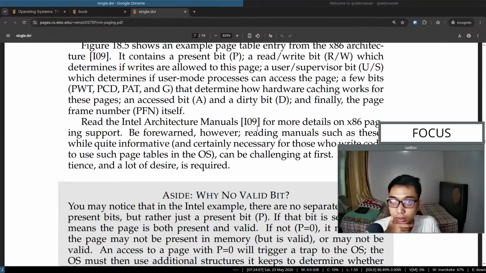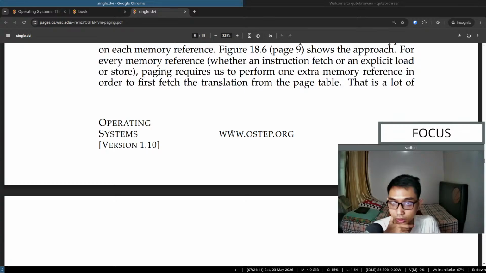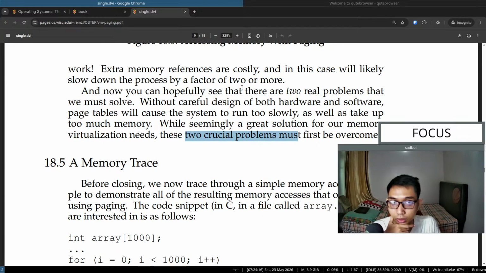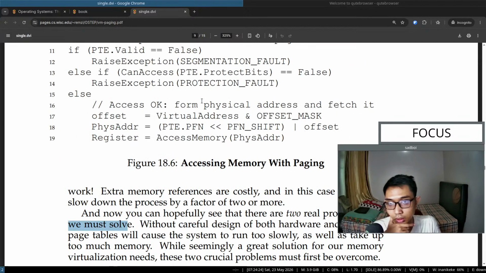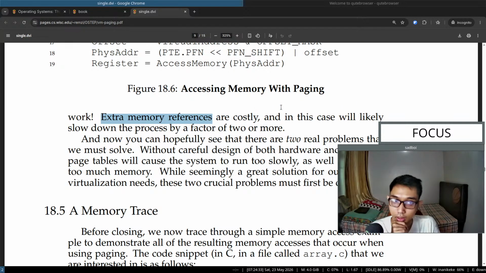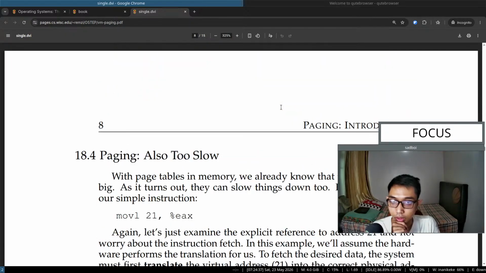Wait, did I miss something? What is the other problem? And now you can hopefully see that there are two real problems that we must solve. I think the first problem is this one, the extra memory reference. But what is the other problem? Is it the size?